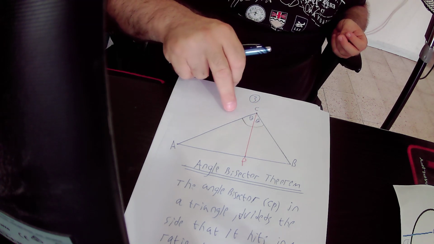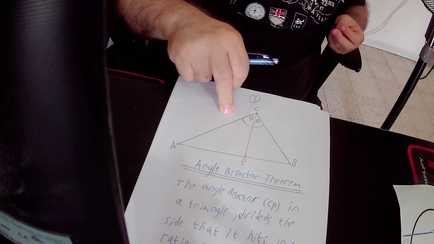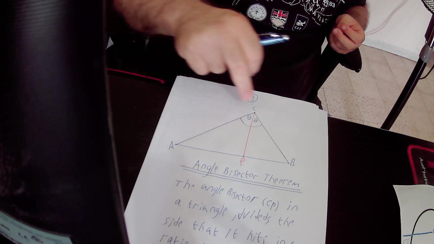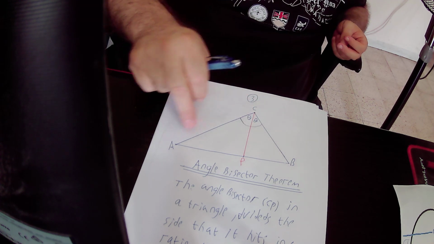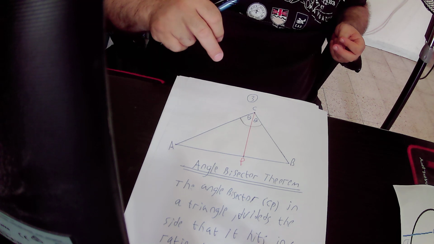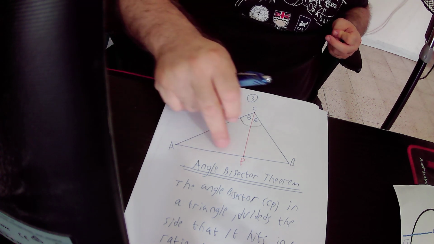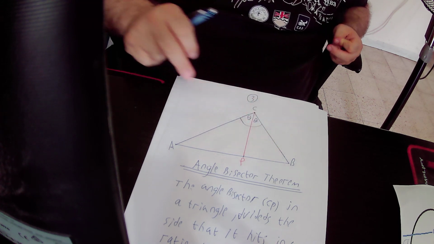So the ratio between the sides of angle ACB, that is to say AC over BC, equals the ratio of AP to BP.